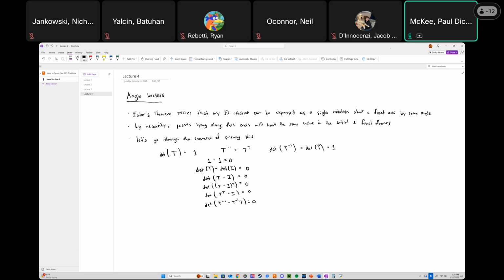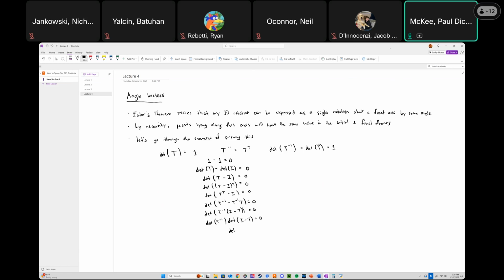All right. Now we're going to do some distribution or some grouping of terms. So this is really T inverse times (I minus T), which is 0. And we can actually split this up. This is the determinant of T inverse times the determinant of I minus T. But we know that the determinant of T inverse is 1.